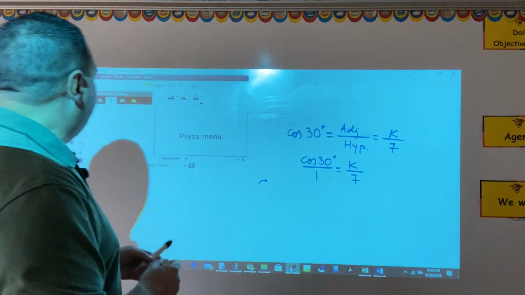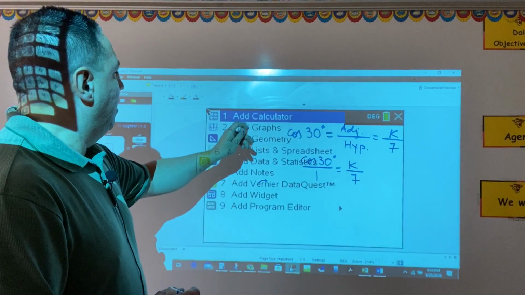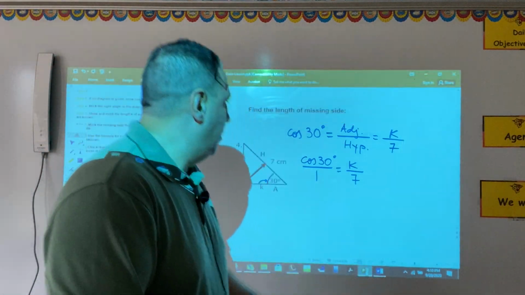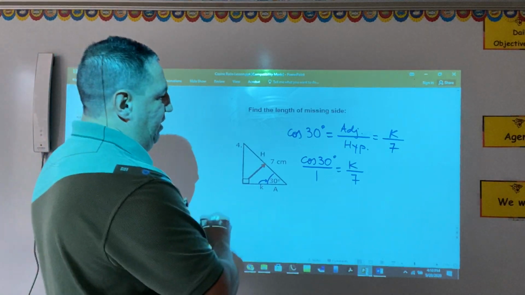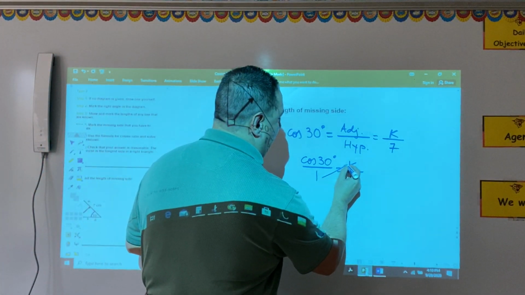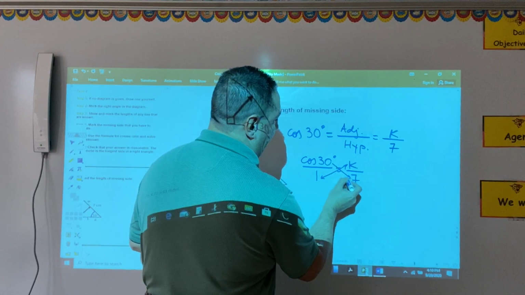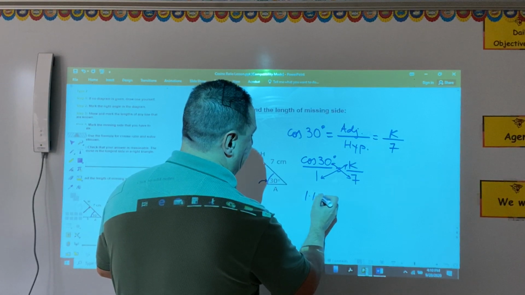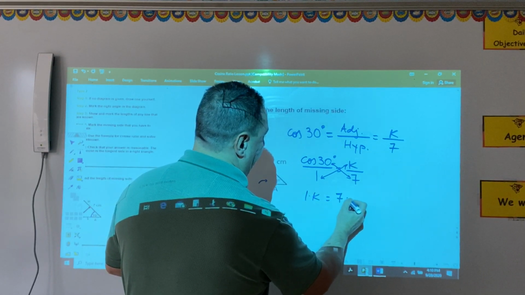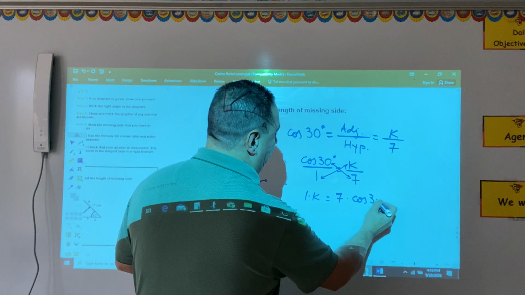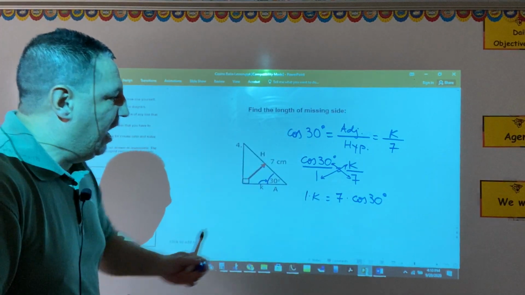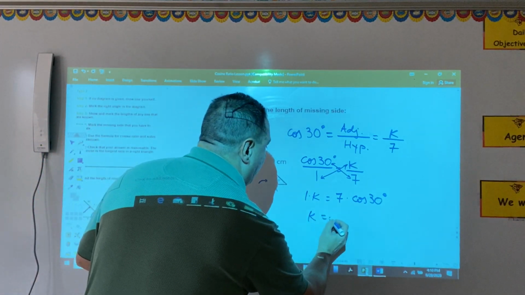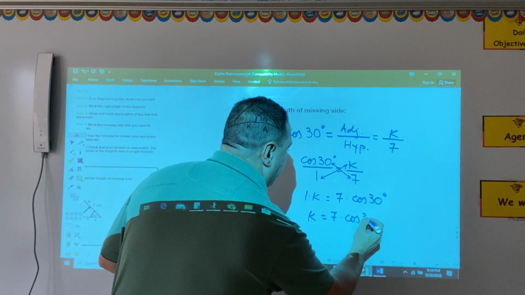We multiply K by 1 and cosine of 30 degrees by 7. So you're going to have 1 times K equals 7 times cosine of 30 degrees. But 1 times K is K. K would be 7 times cosine of 30 degrees.